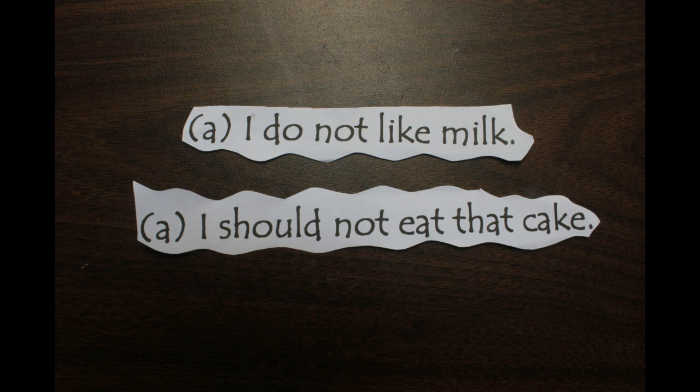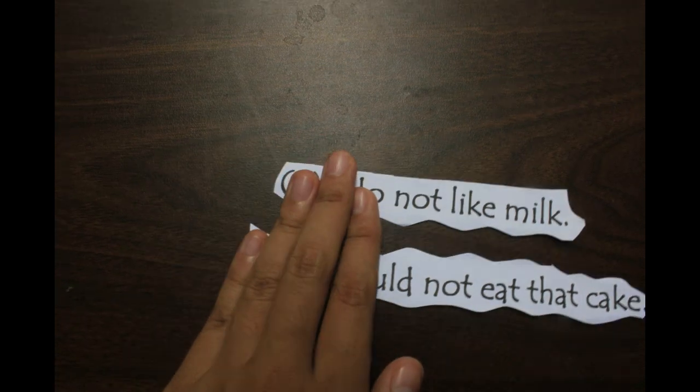It has to be there because main verbs such as like cannot be negated directly. So you cannot say I like not milk, as shown by the second sentence. However, auxiliaries are directly negated by not: I should not rather than I do not should.